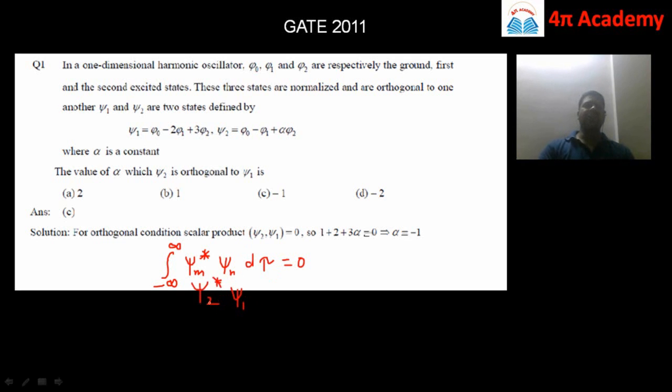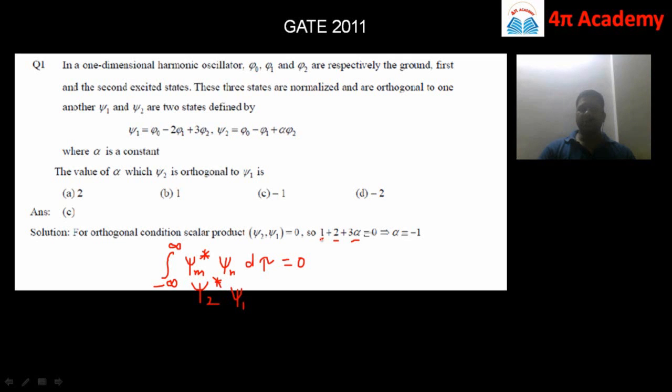So if I take the scalar product of psi 2 star with psi 1, then the scalar product will be equal to phi 0 multiplied by the coefficient of phi 0 multiplied by coefficient of phi 0, so that will be equal to 1 plus the coefficient of phi 1 which is minus 2 multiplied by coefficient of phi 1 in psi 2, that is minus 1, so minus minus will be plus 2, then 3 times phi 2 multiplied by alpha times phi 2, so this is equal to plus 3 alpha.